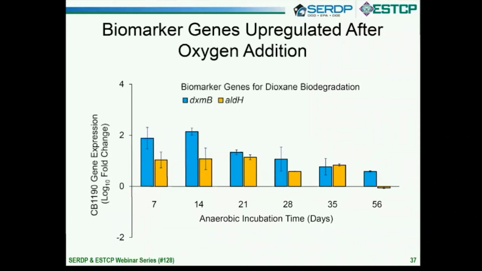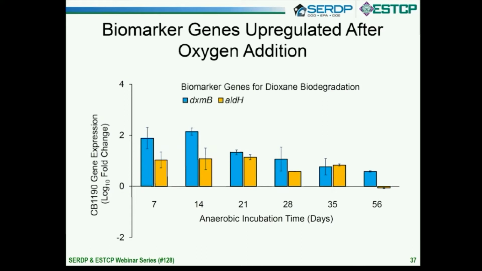When you look at gene expression, exactly what you would expect. The gene coding for dioxane monooxygenase, a component of that, DXMB, and ALDH is the gene that codes for aldehyde dehydrogenase. That degrades products of dioxane degradation. So we know that the pathway is sustainable. It will result in mineralization downstream. Together, they serve as very accurate and confirmatory biomarkers for dioxane biodegradation.